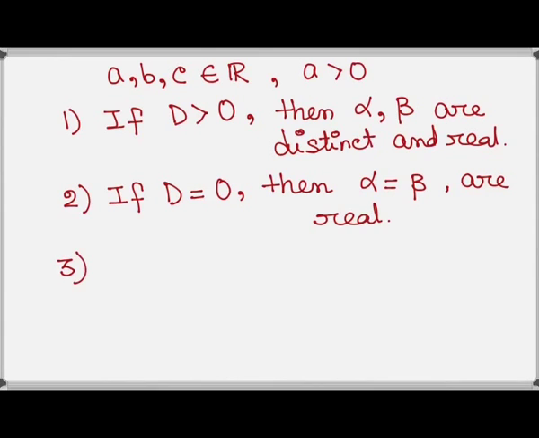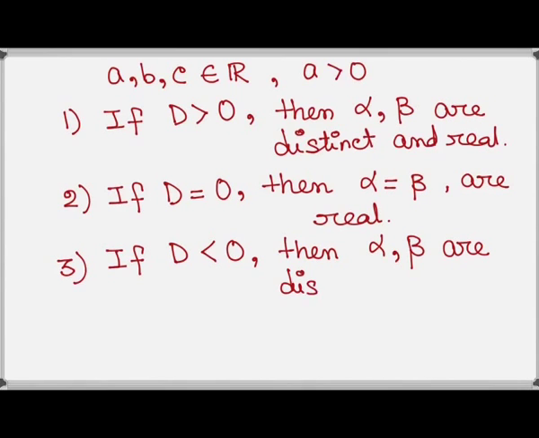And the last thing, if d is strictly less than 0, that is if d is negative, then we get alpha and beta both are distinct and they are complex conjugates of each other.